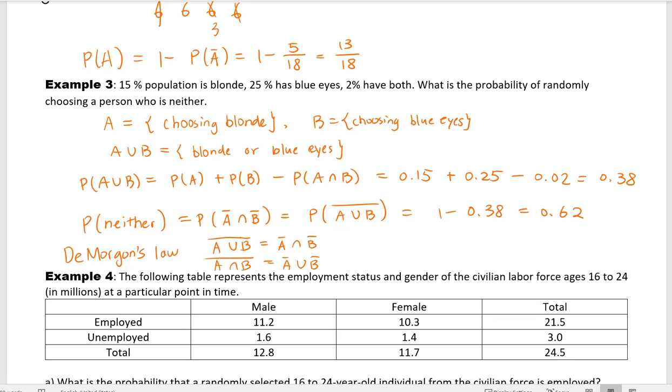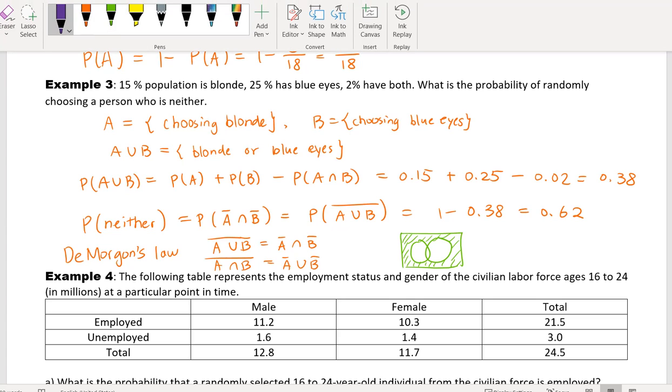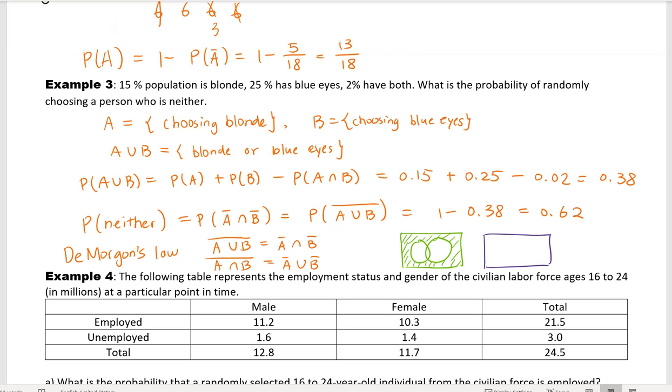And if you want to draw a Venn diagram to help us understand this, the complement of A or B is this. And A complement, this is A, A complement is this.